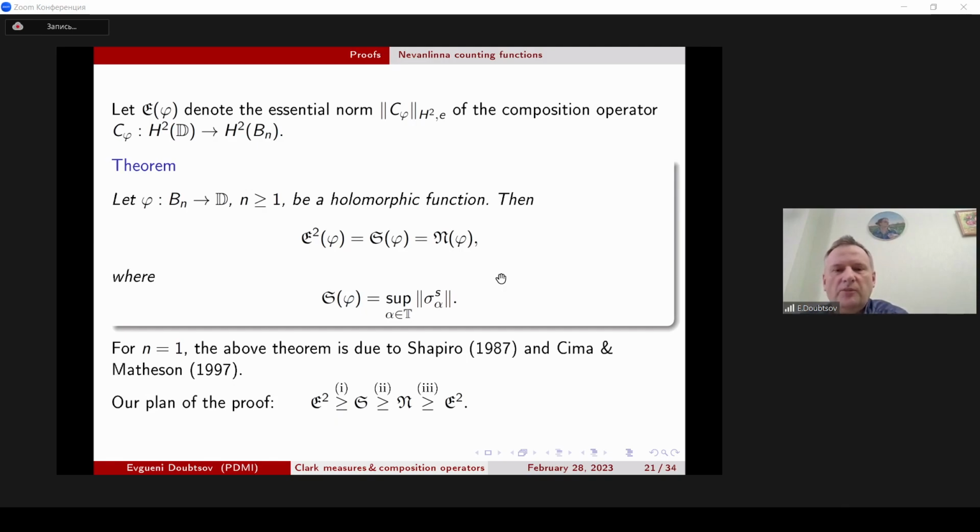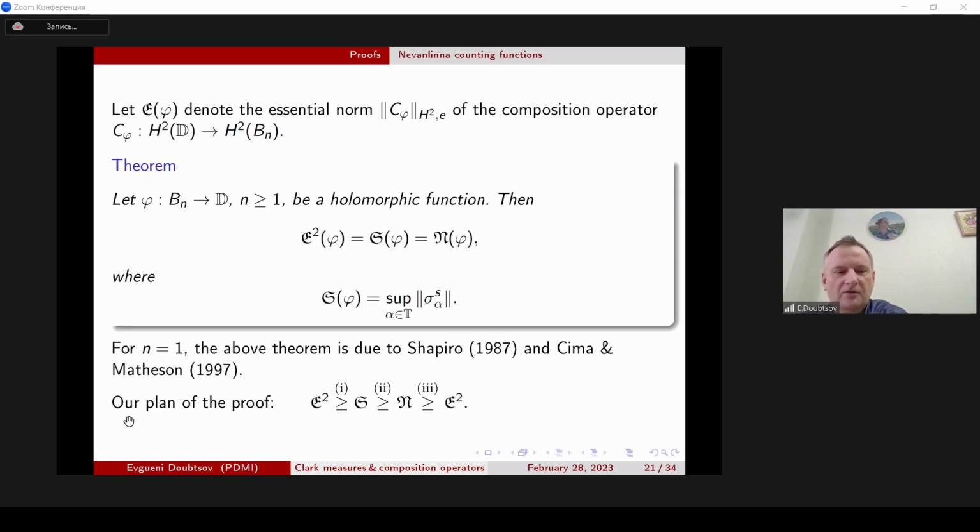Actually, it is possible, in particular in dimension 1, but for us it was of interest to get the result in several variables, to get through two proofs and to get all the necessary estimates.